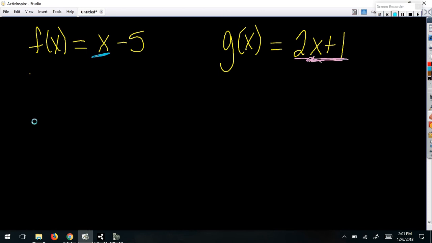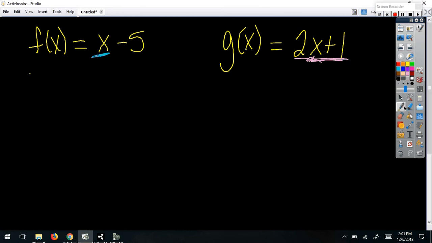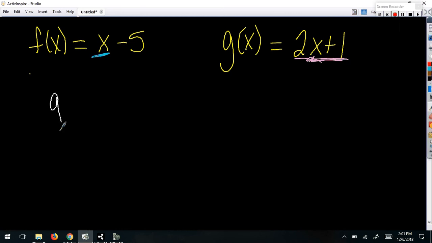And I want you to see if you can find g of g of x. Key here is work inside out, okay? Always start furthermost inside, all the way out.